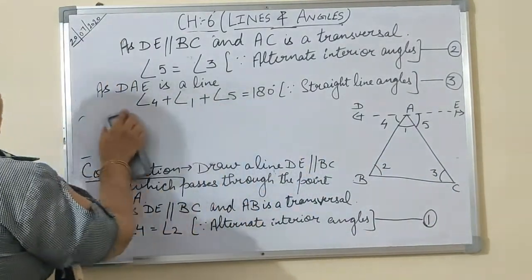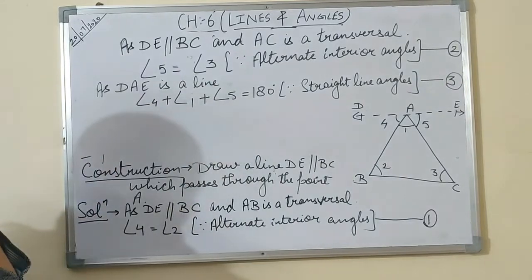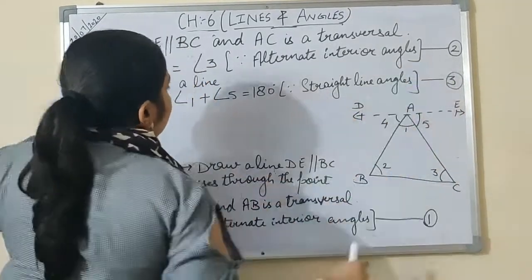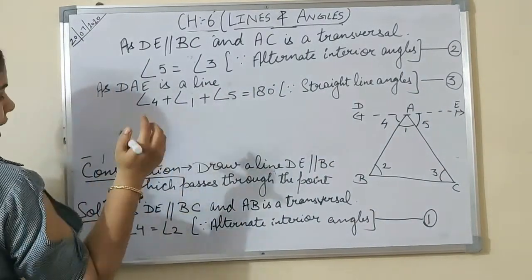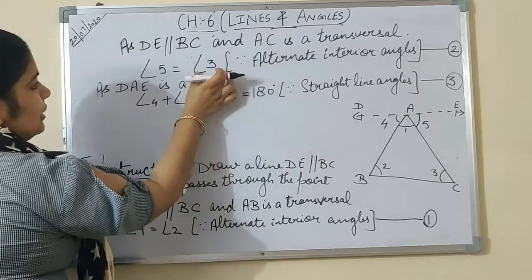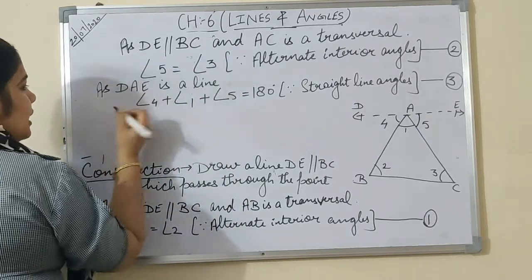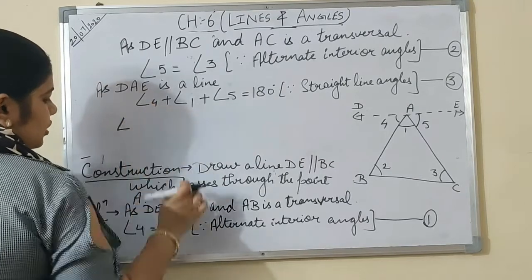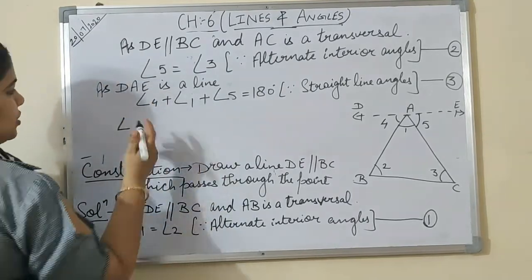Now you can see that according to equation number 1 and equation number 2, we can replace angle 4 with angle 2 and angle 5 with angle 3. So in my next step, I am replacing angle 4 with angle 2, as you can see in equation number 1.